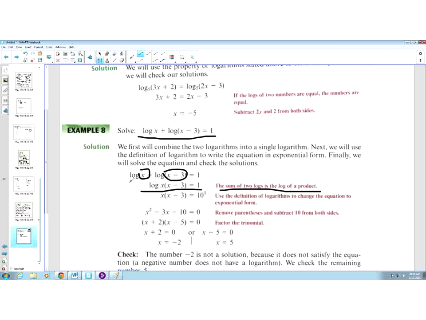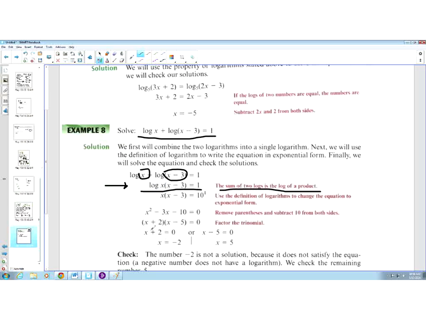And the reason why is because we want to reduce the expression so that we have just one log on the left-hand side, because we can take the anti-log of both sides. That allows us to use the definition of logarithms, in other words, to take the anti-log. Since the base is not presented here, the base is assumed to be 10.